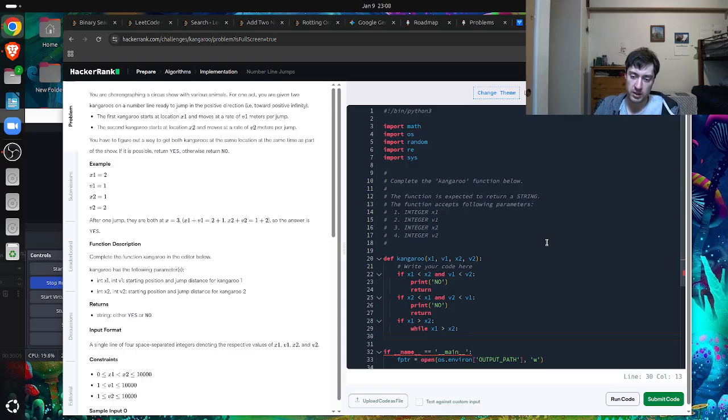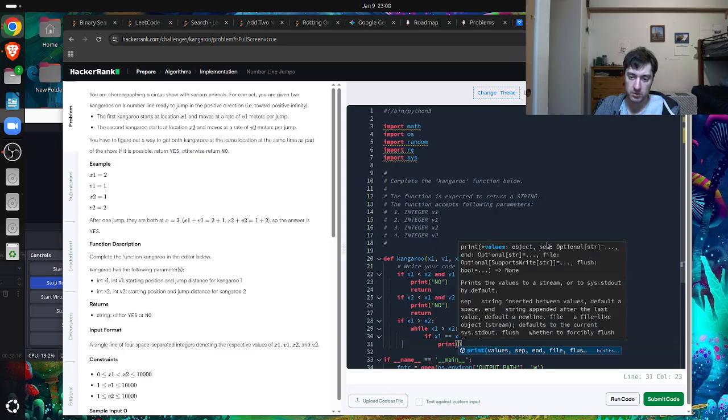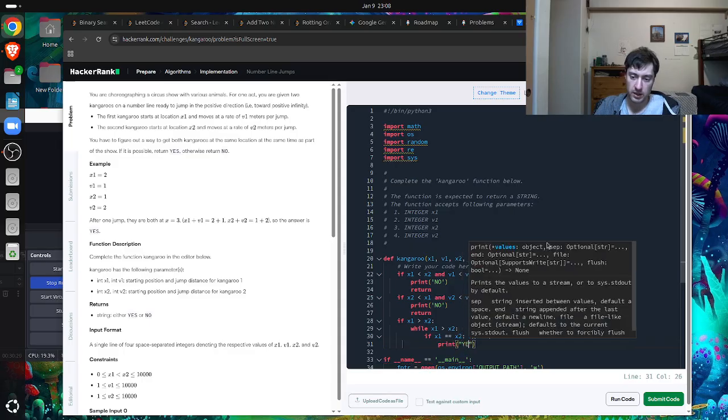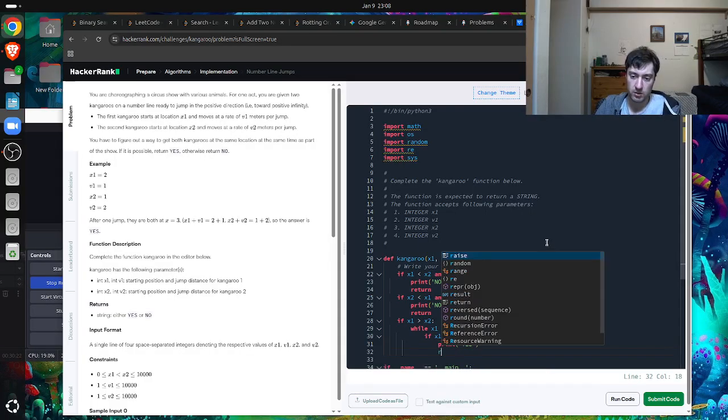So I'm going to say if x1 is equal to x2, then we print yes and return.